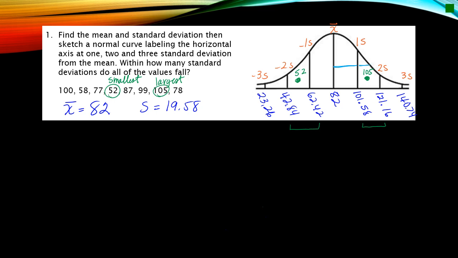So 105 is 2 standard deviations away from the mean, because it's in the section that is 2 standard deviations away. And on the other side, 52, if I go to the left, that's 1 standard deviation, and then here's my second standard deviation. So this one also is 2 standard deviations. They're the same, so my answer is definitely 2 standard deviations away.